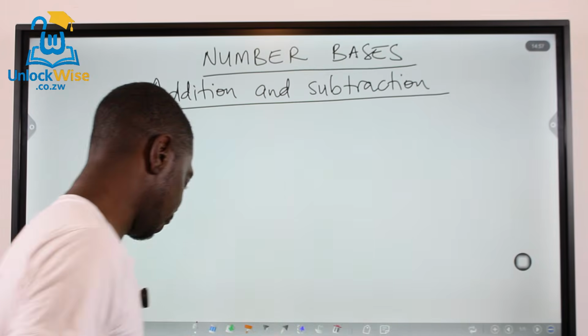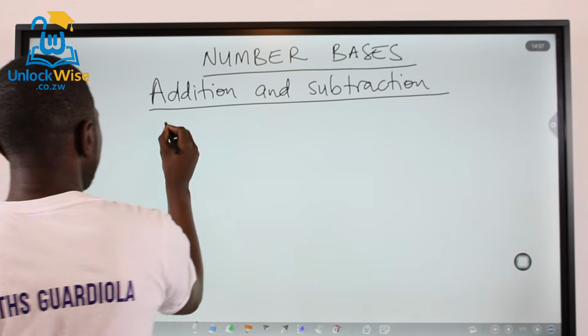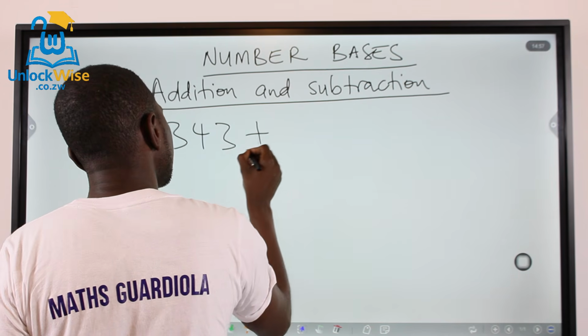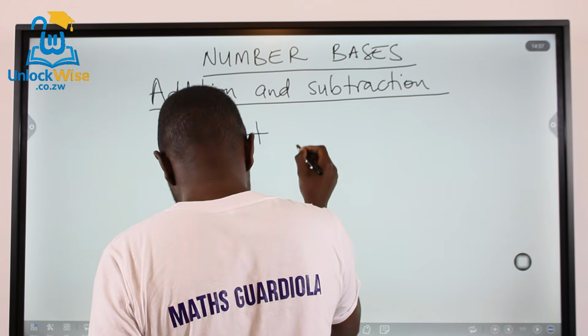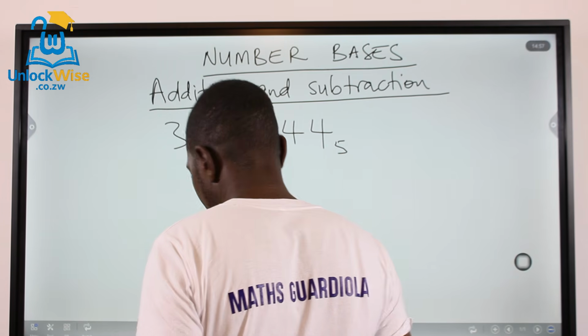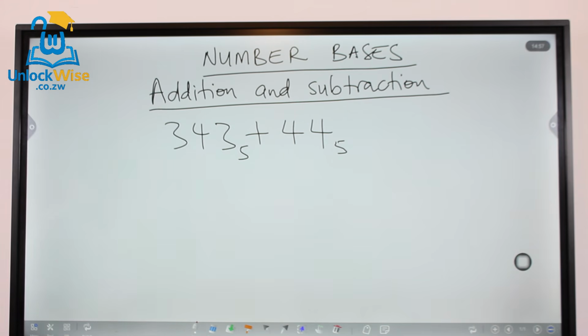Addition and subtraction of numbers in number bases. So let's say we have 343, which is in base 5, and is going to be added with 44, which is in base 5, right?